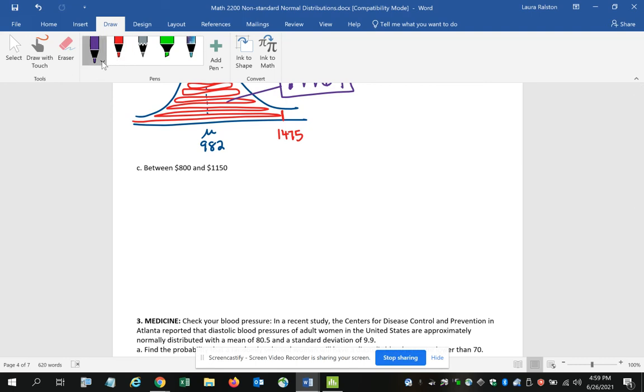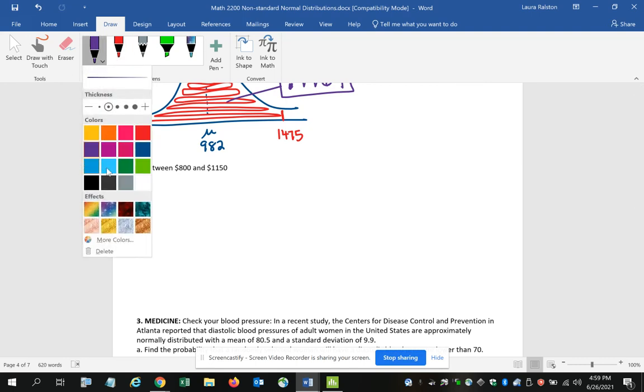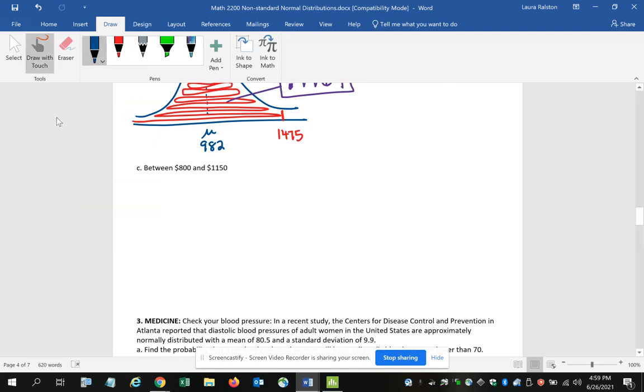All right, same scenario: monthly mortgage payments with a mean of 982 and a standard deviation of 180, and we want to know the probability that the mortgage payment is between 800 and 1150. I have my horizontal axis and my bell-shaped curve.